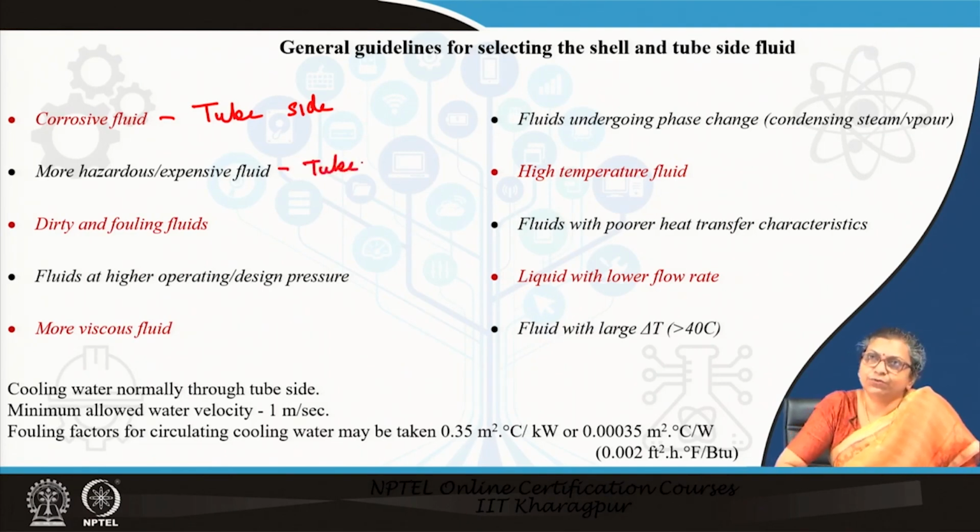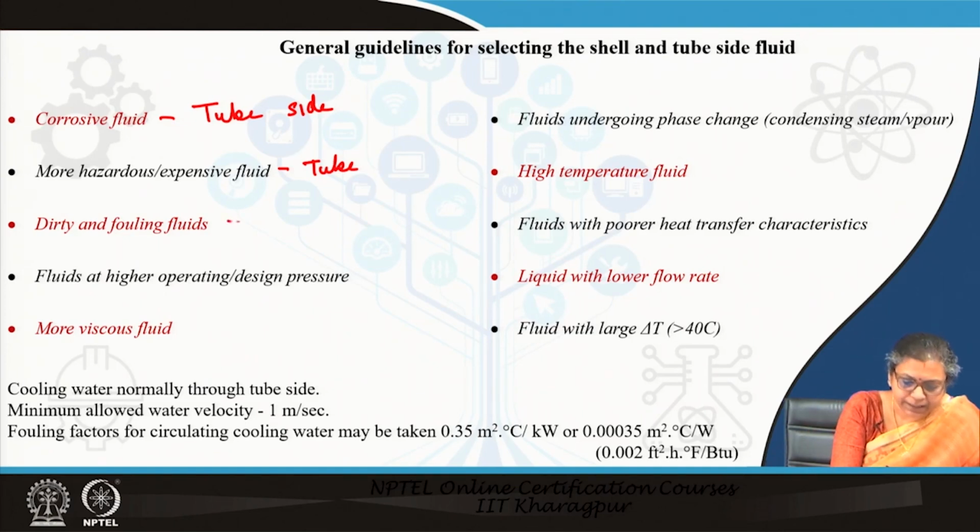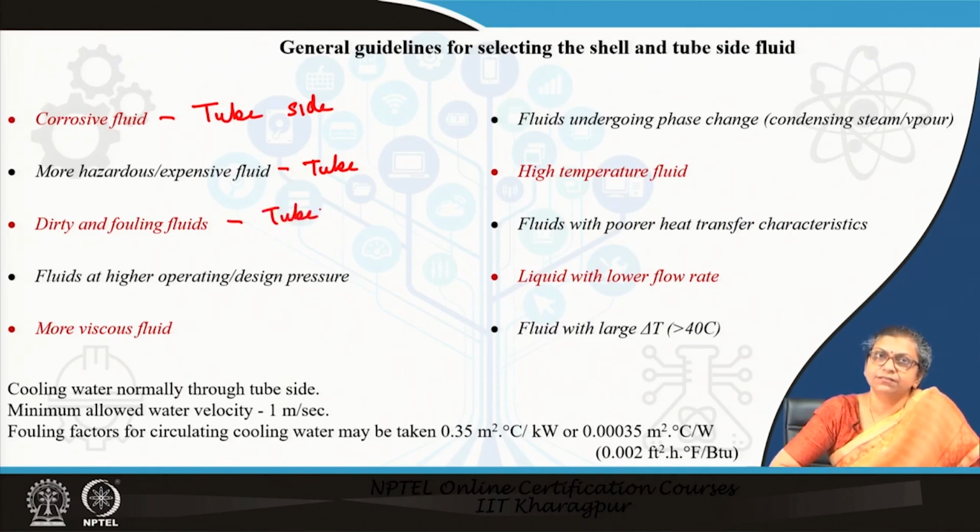What about dirty fluids? Dirty fluids means maybe fluids which have some particular solids. These solids can get deposited, or maybe fouling fluids which foul the tubes. For these particular cases also, we would like to keep them on the tube side for certain reasons. First thing is, it is easier to clean the tube inside surface, number one.